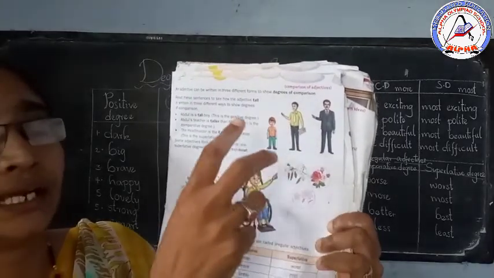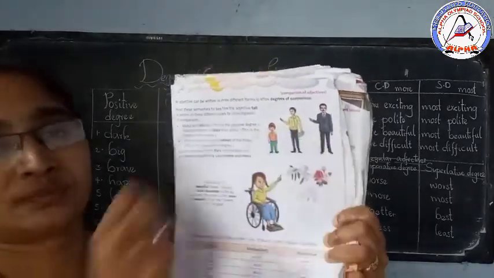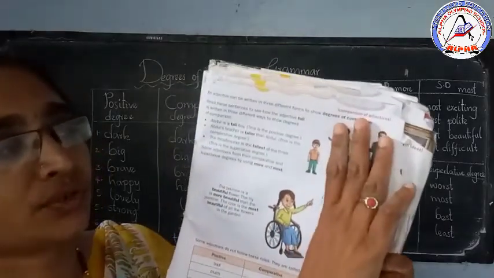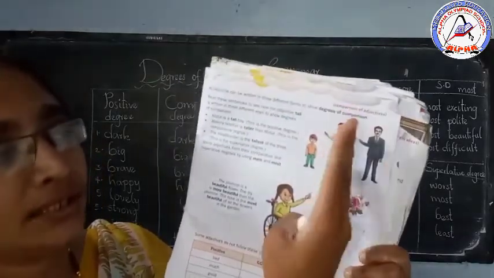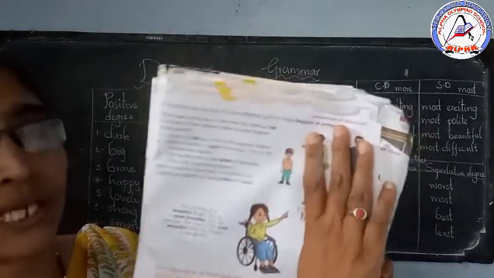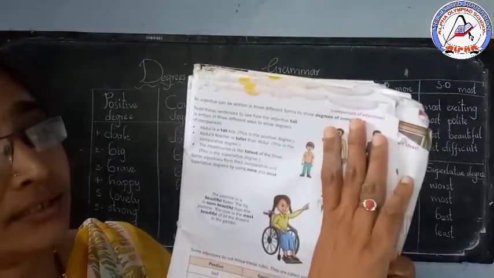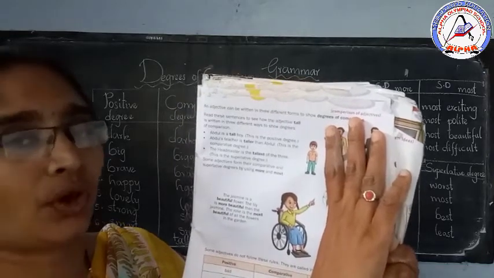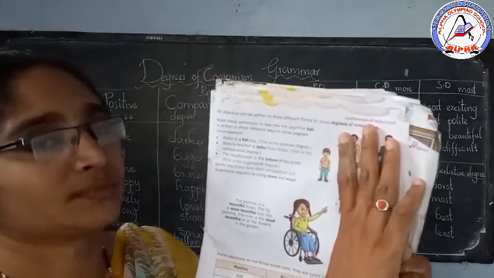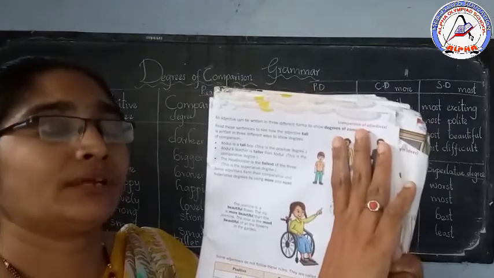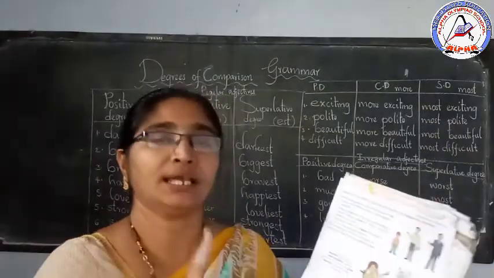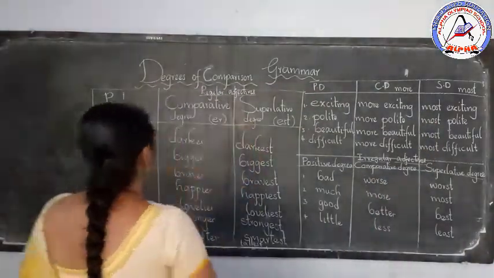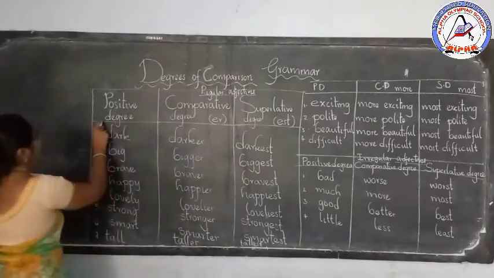Now, let us learn how to talk about these people. If we are talking about Abdul, leave the others, only Abdul. Tell a sentence about Abdul. Abdul is a tall boy, or Abdul is a small boy. When we are talking about one person, we will use the first degree of comparison, that is the positive degree.